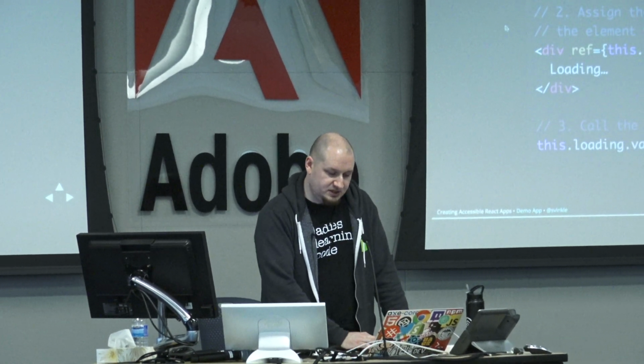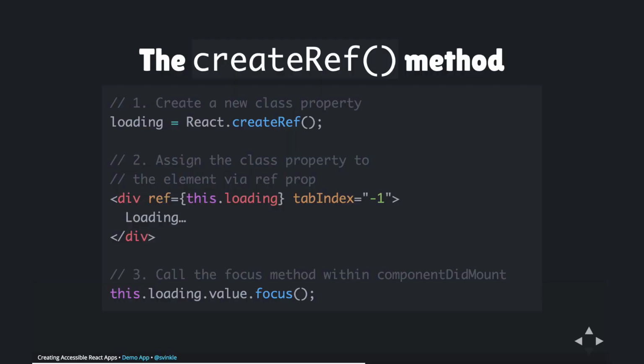So coming back to the loading component example, the snippet of code on the screen here gives a general outline of the new ref syntax. The first part is to create a class property, and displayed here is an assignment statement which reads loading equals React.createRef.